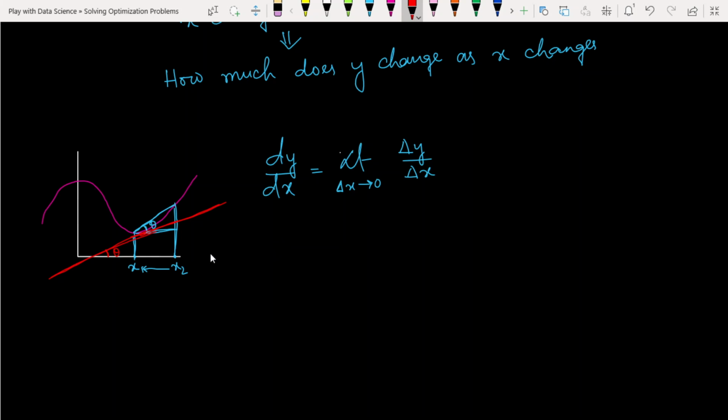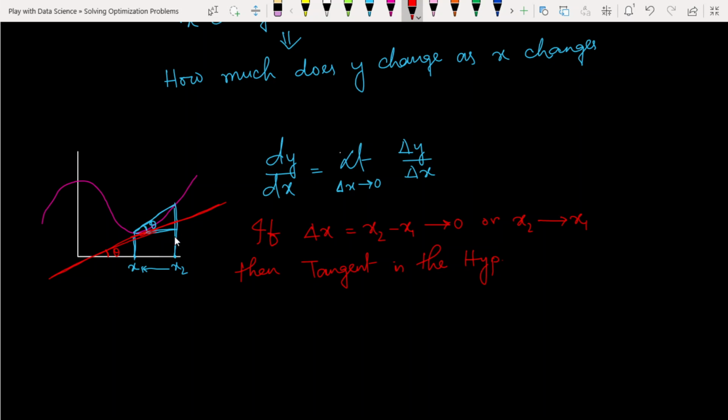So simply, if delta x, that is x2 minus x1, tends to 0, or if x2 moves towards x1, then the tangent is our hypotenuse at the point x1.